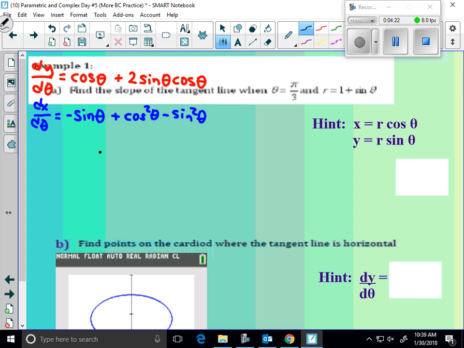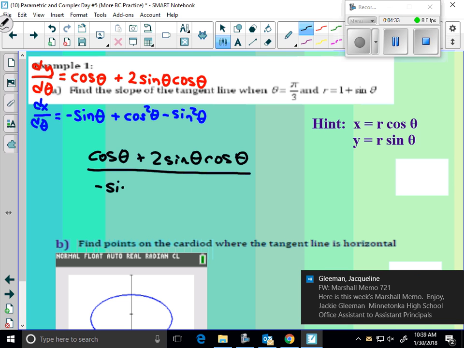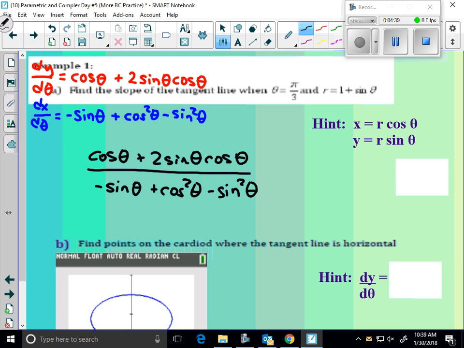So I'm going to take cosine of theta plus 2 sine theta cosine theta, put it over dx d theta, which is negative sine theta plus cosine squared theta minus sine squared theta. This is now dy dx. And I want to know what that's equal to at theta equals pi over 3.